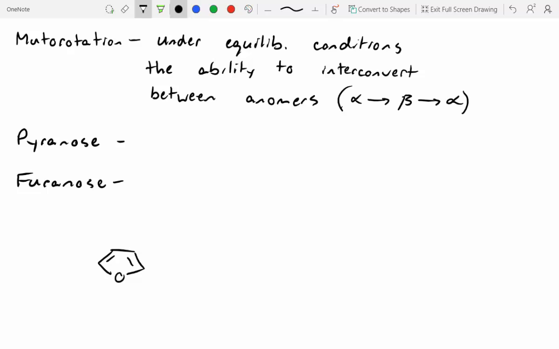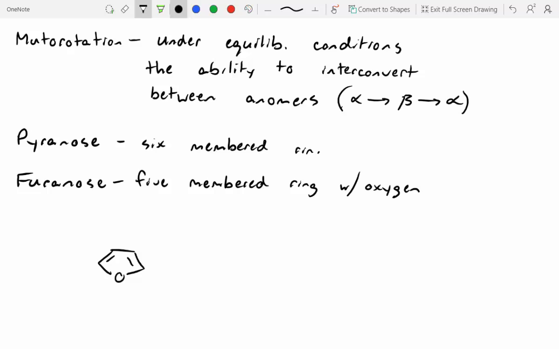So whenever you see furanose rings, it's going to be a 5-membered ring with oxygen. Pyranose is going to be a 6-membered ring with oxygen.